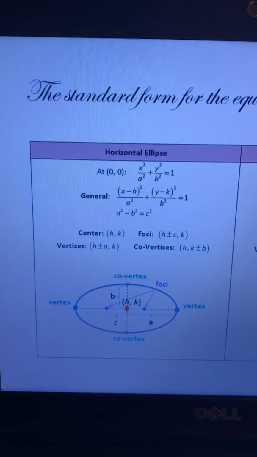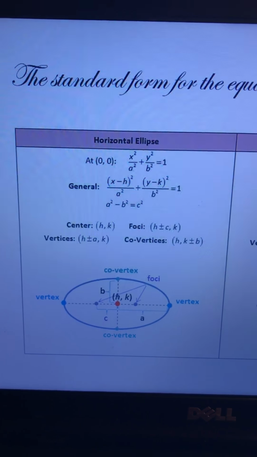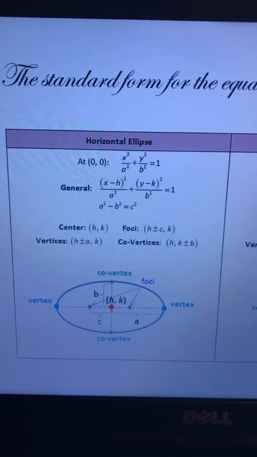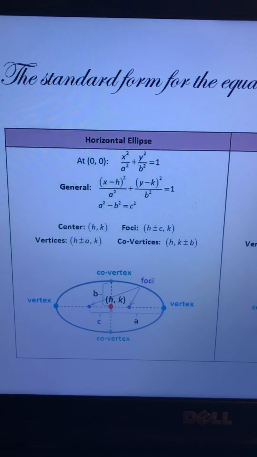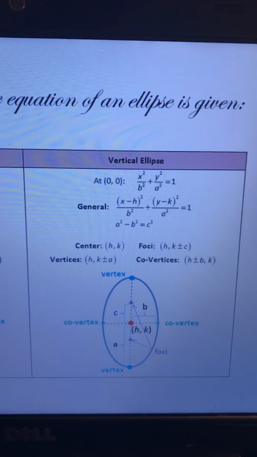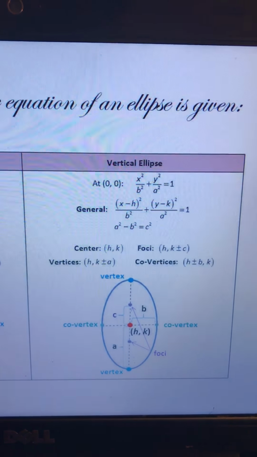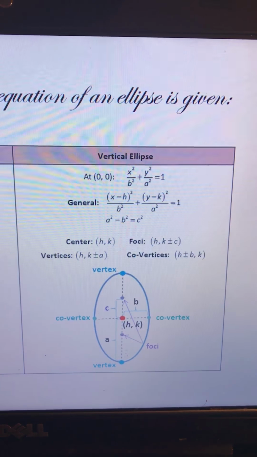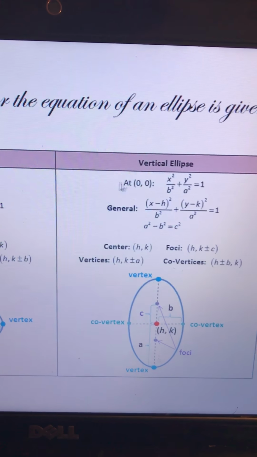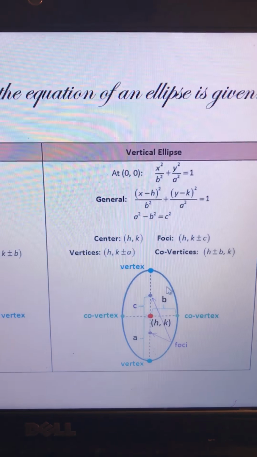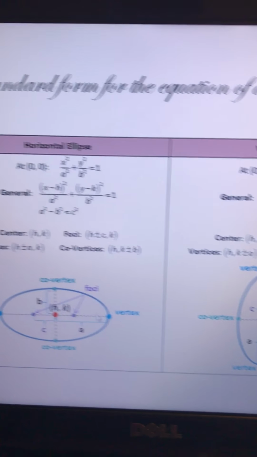I also have the horizontal ellipse and that equation, and then the vertical ellipse and that equation as well. And then there you can see the foci and vertices here.